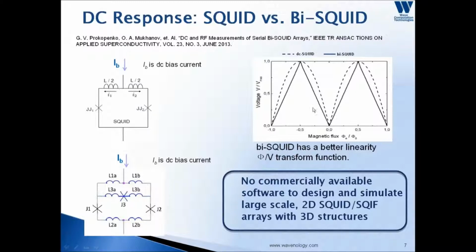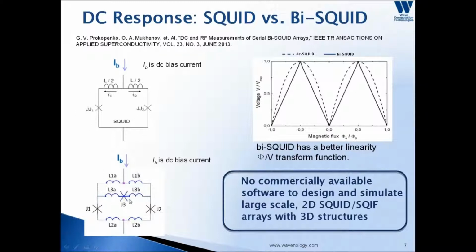And also, again from this paper, it summarized that we basically have 2 major types of squid. One is the original simple squid, with two Josephson junctions. Of course, with the mutual coupling considered, you have to introduce an additional device to model this effect. But this is still the simple squid model.